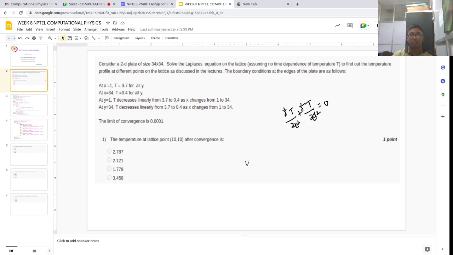Now, we have a 2D array, right? So i comma j.